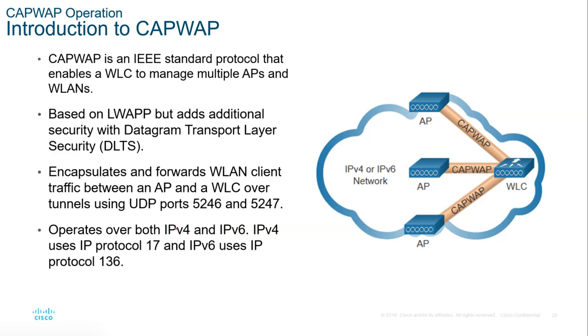It encapsulates and then forwards wireless LAN client traffic between the AP and the wireless LAN controller over a tunnel using UDP ports 5246 and 5247. It operates over both IPv4 and IPv6. With IPv4, it uses IP protocol 17, and with IPv6, it uses IP protocol 136.